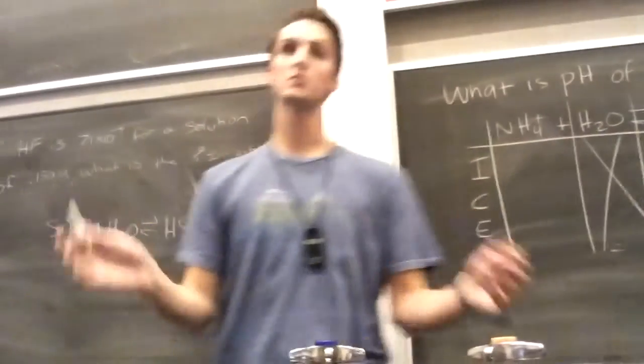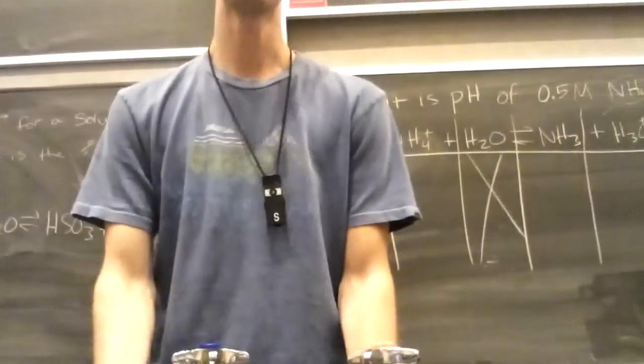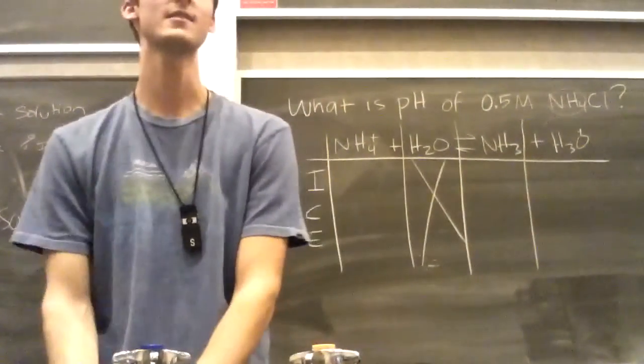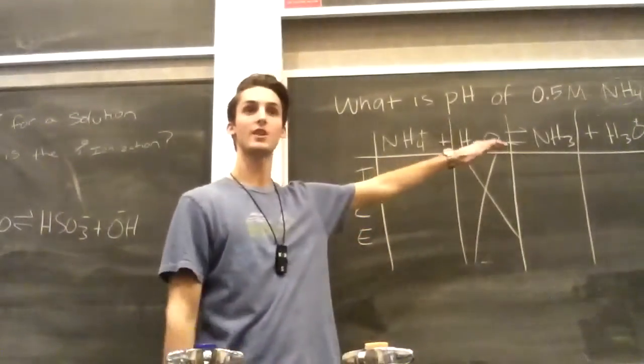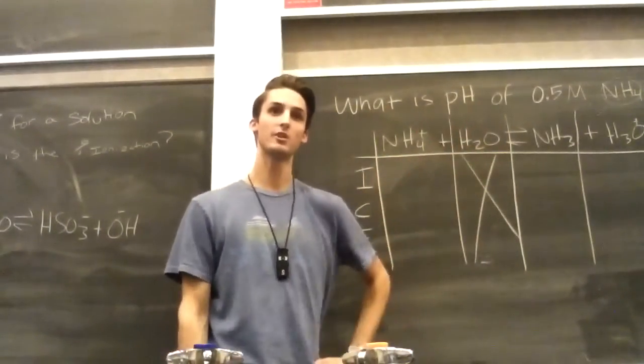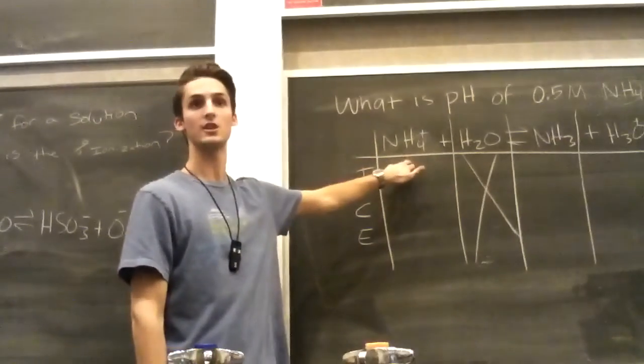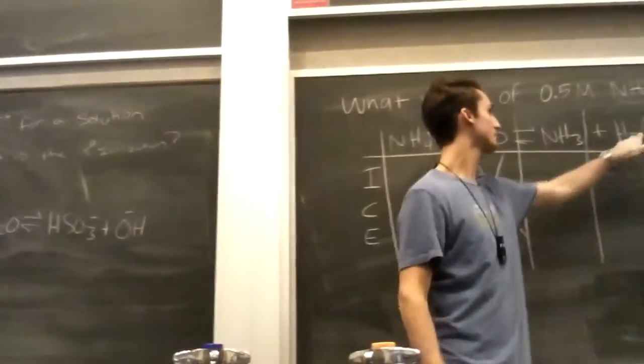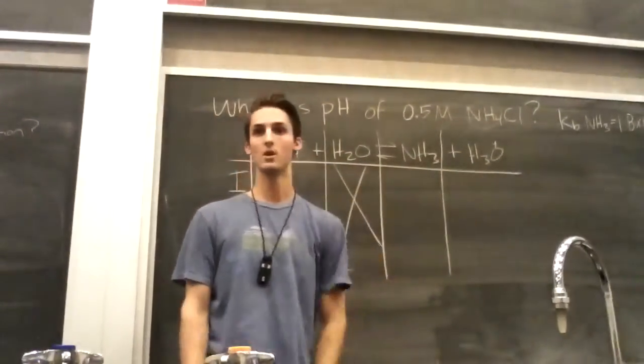So, if you're ever confused about what something is going to do, whether it's going to be an acid or a base, just write an equation out with water, and you should be able to see it pretty clearly. This has an extra hydrogen. It wants to give it away. It's going to produce hydronium and leave its conjugate base of ammonia.